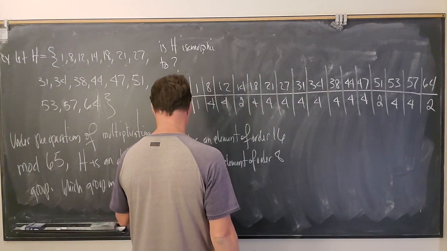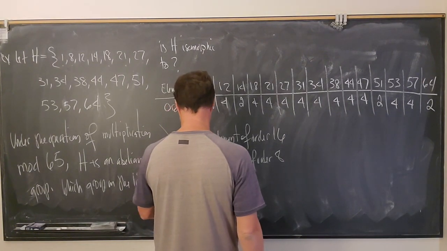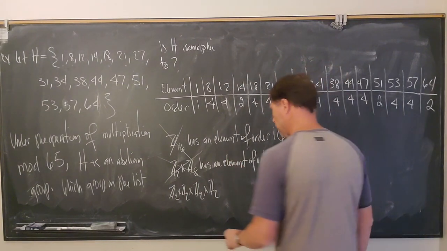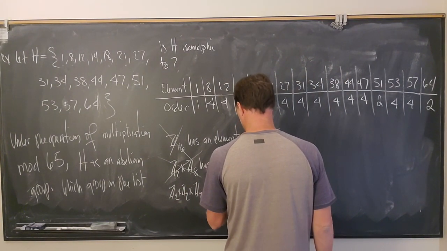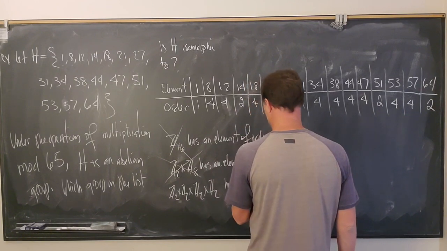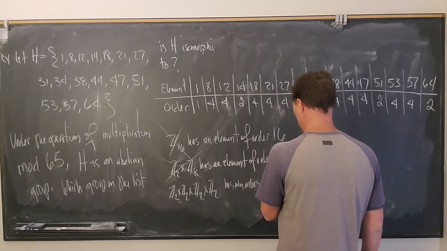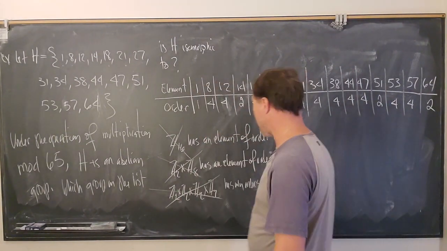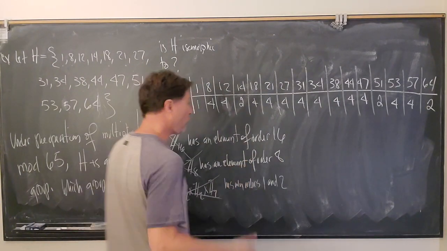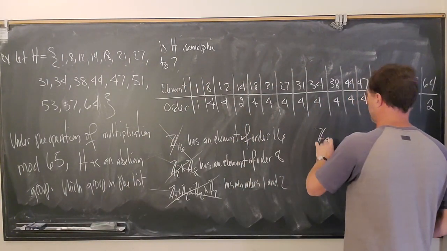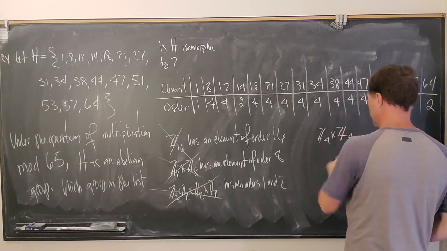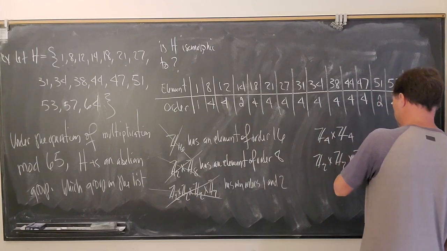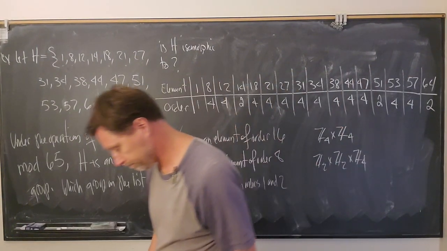Z2 cross Z2 cross Z2 cross Z2 has only elements of orders 1 and 2. Because there are 4s on our list here, we can cross this one out. So who are our possibilities now? It could be Z4 cross Z4, or it could be Z2 cross Z2 cross Z4. All right, so those are our possibilities now.